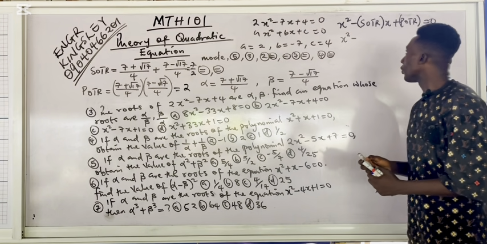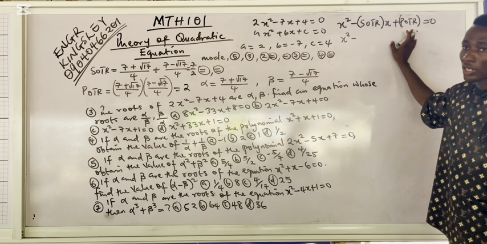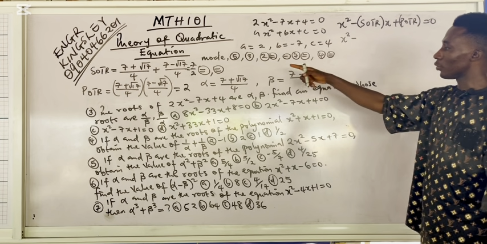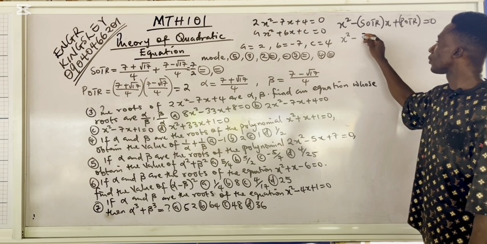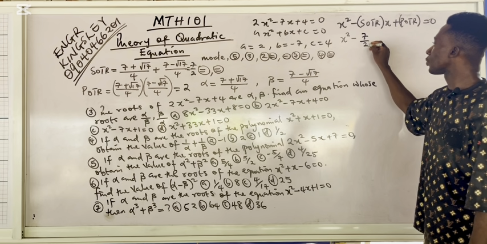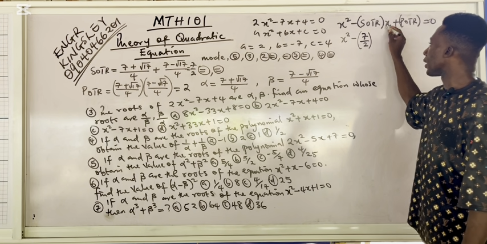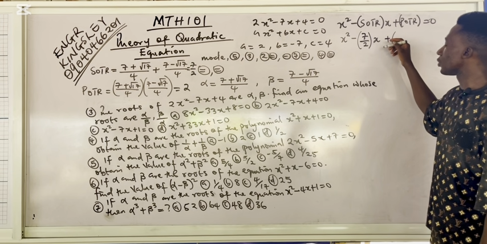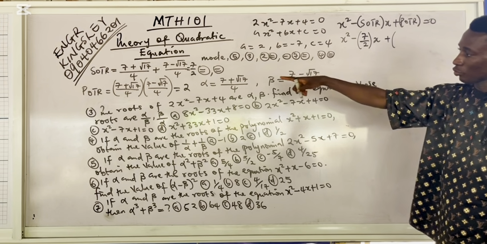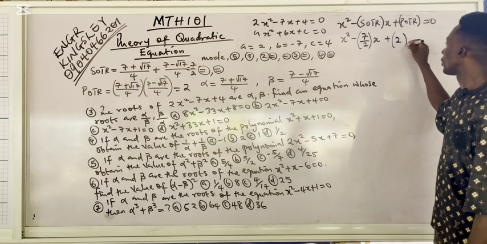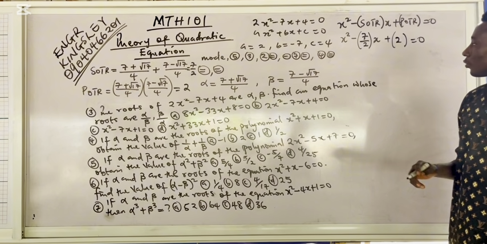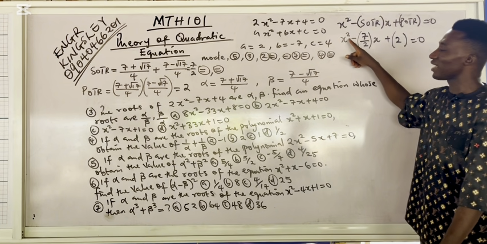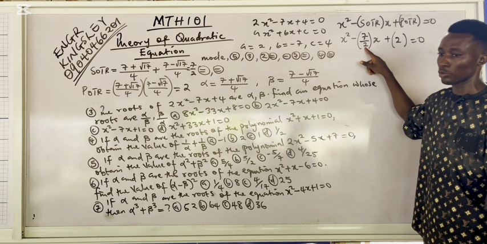Okay, so when you plug it in the original equation that we are looking for, you see that the sum of the roots, we got it to be 7 over 2, multiplied by x plus product of the roots gave us 2 when we multiplied it, all equal to 0. So to get the quadratic equation, since this one is fraction, we have to multiply everything by the denominator, which is 2.